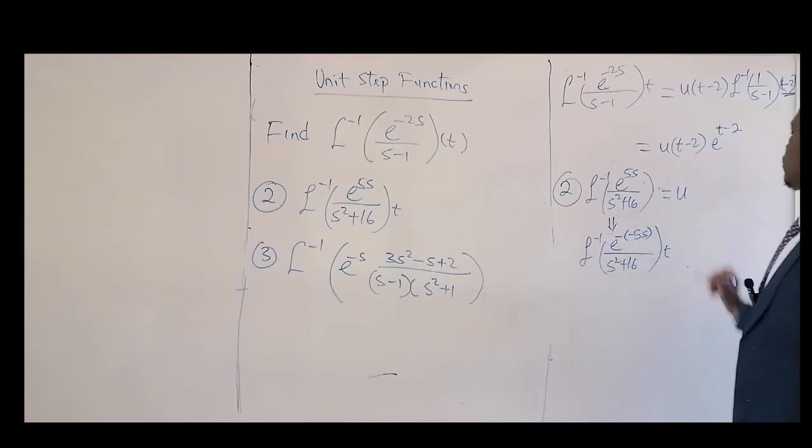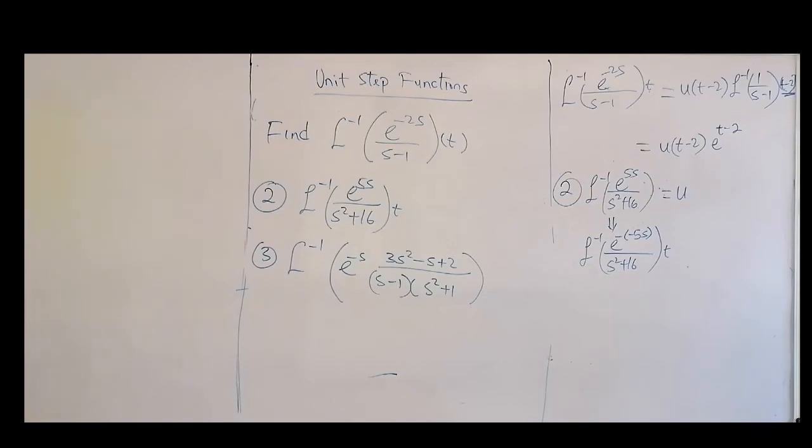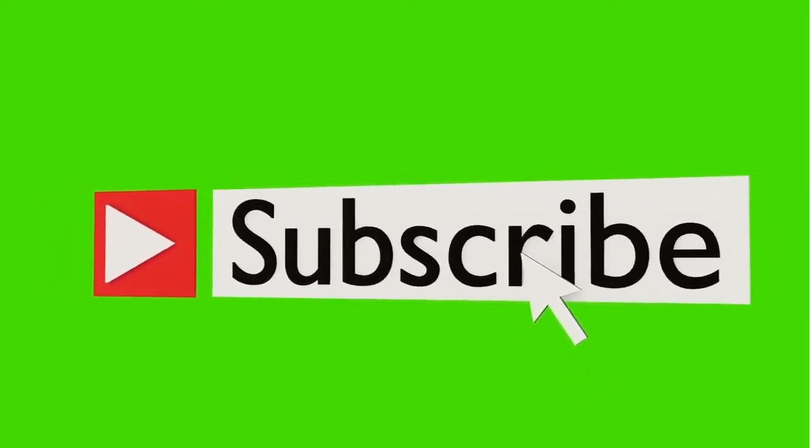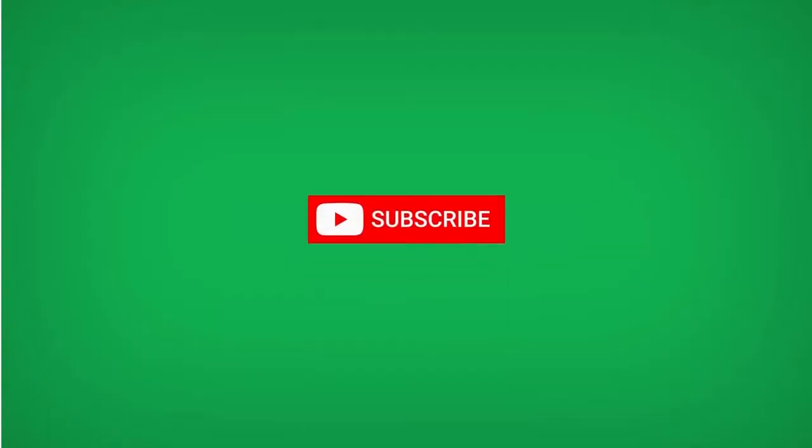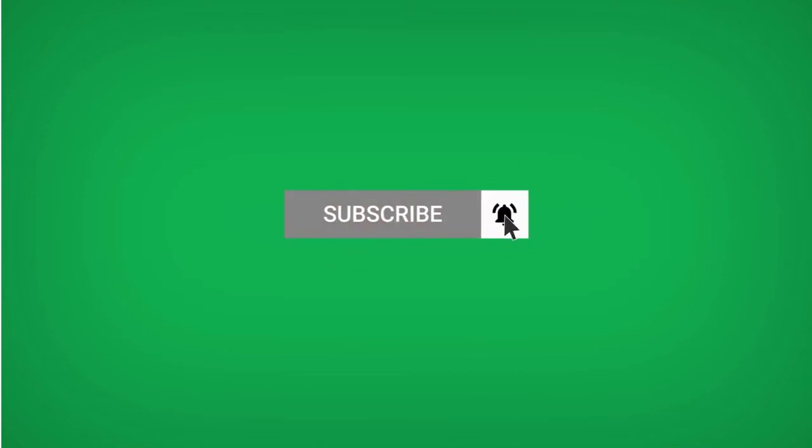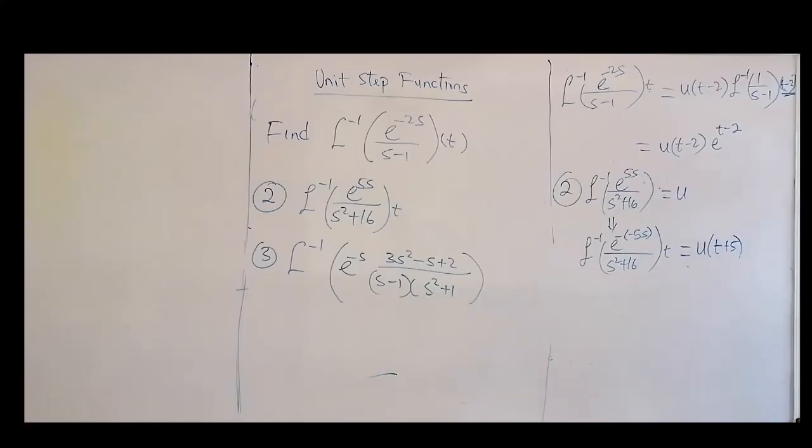So this will now give us the unit step function u of t minus 5, and that will just be plus 5. We don't have to waste our time. You have plus here, so just plus 5, times the inverse of 1 over s squared plus 16.